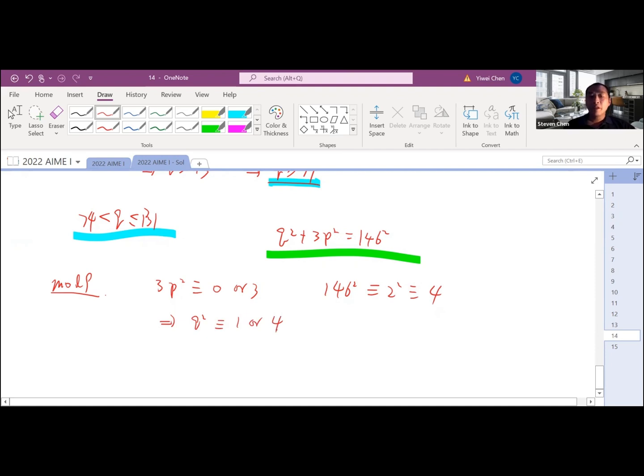So how can it be congruent to these two numbers modulo 9? Well, that essentially tells us that modulo 9, q should be congruent to 1, 2, 7, or 8.